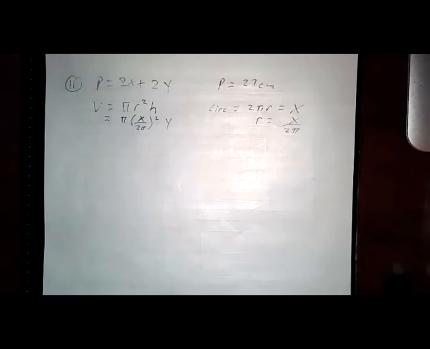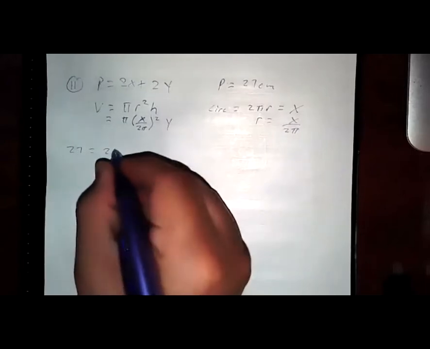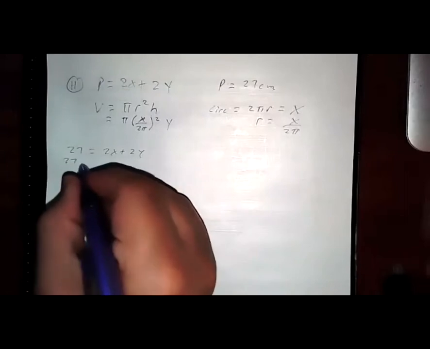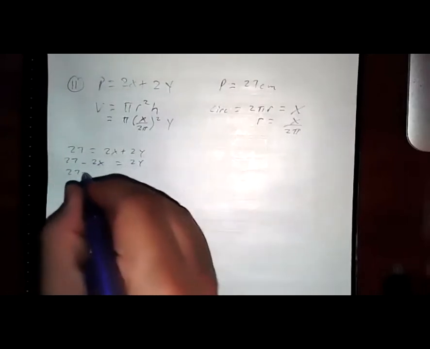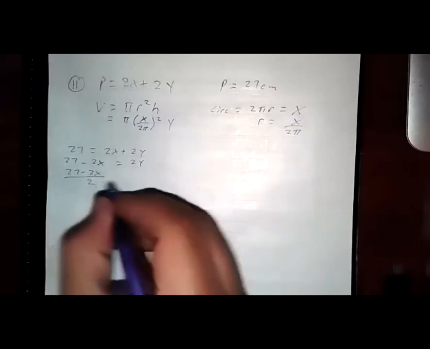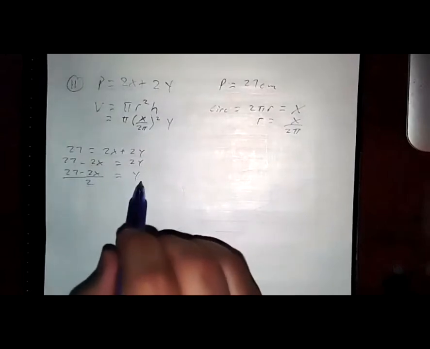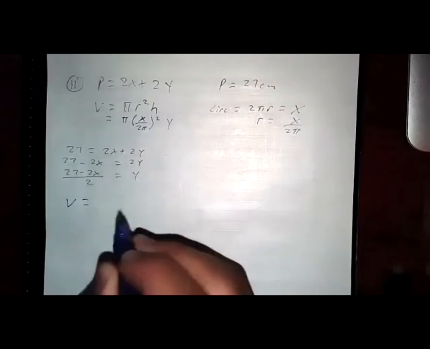So the goal here is to get the formula in terms of one variable, if possible. So we're going to use the perimeter to help us out. Perimeter is equal to 27, so 27 is equal to 2x plus 2y. Solve for y: 27 minus 2x is equal to 2y, so 27 minus 2x divided by 2 is equal to y. So now I have the volume formula in terms of x only.